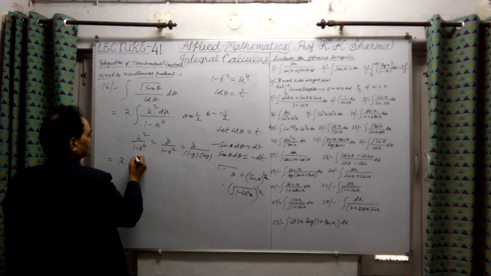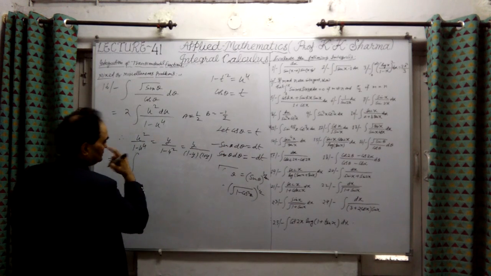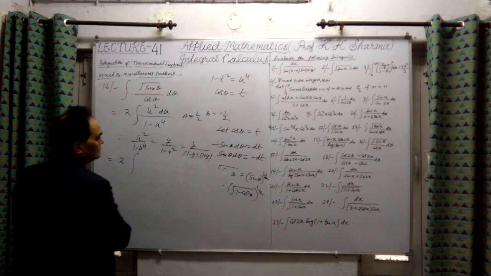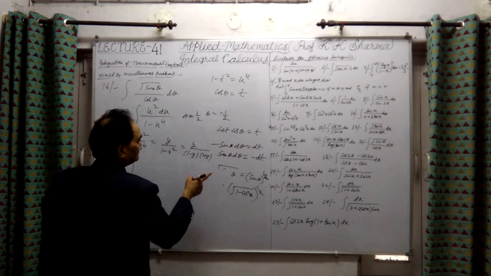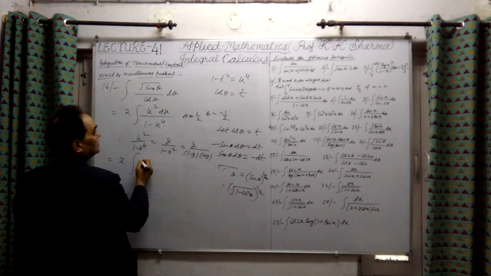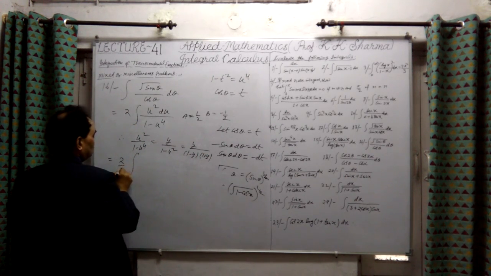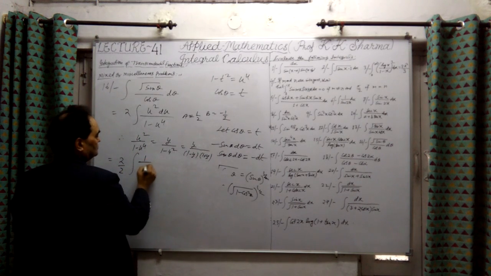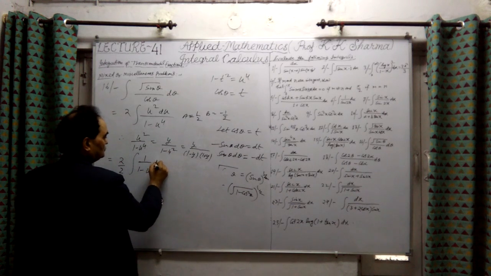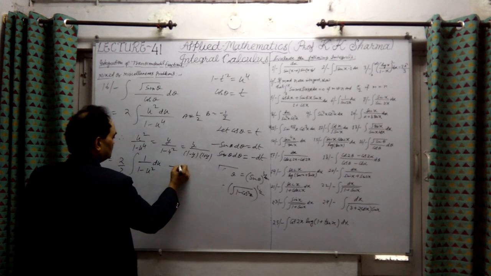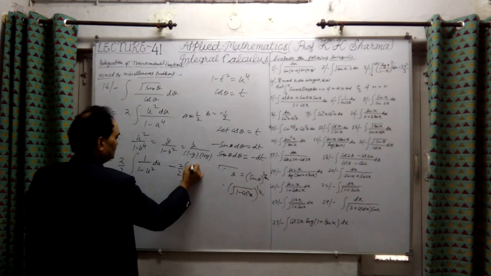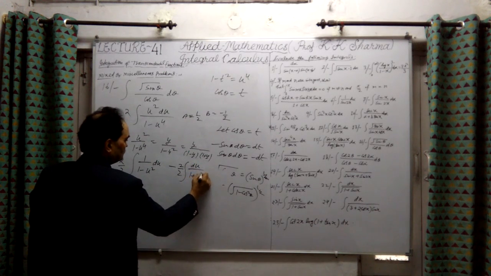The first part has a as 1 upon 2, so 1 upon 2 into integral of du upon 1 minus y, which is u square. Minus sign in between, 1 upon 2 integral du upon 1 plus y, which means 1 plus u square.